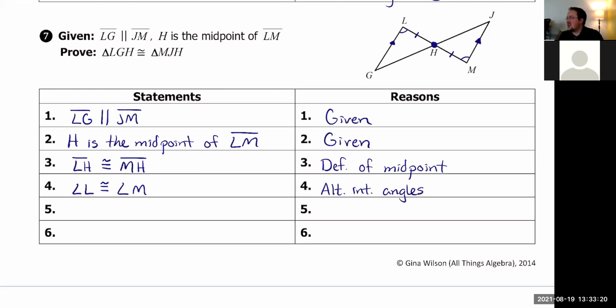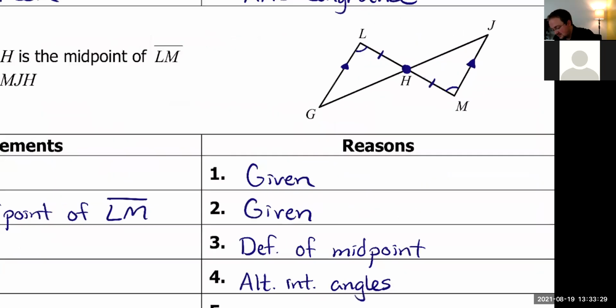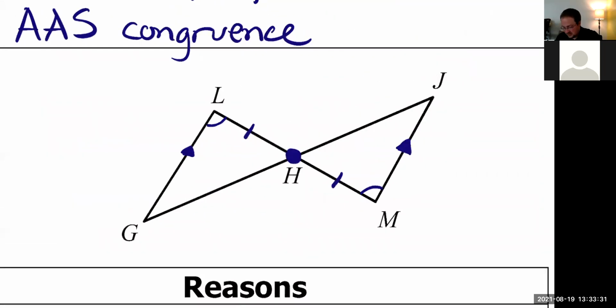Now, here's a little snafu we walked ourselves into. I would like to try to prove this with angle side congruence, which means I don't want to prove these are congruent because that would be angle side angle. It's okay though, even though those are vertical angles and we could say they're congruent. Can I then prove that these are congruent to get angle side? Yeah. For what reason? It would be the same alternate interior. They are also alternate interior, just with a different transversal.